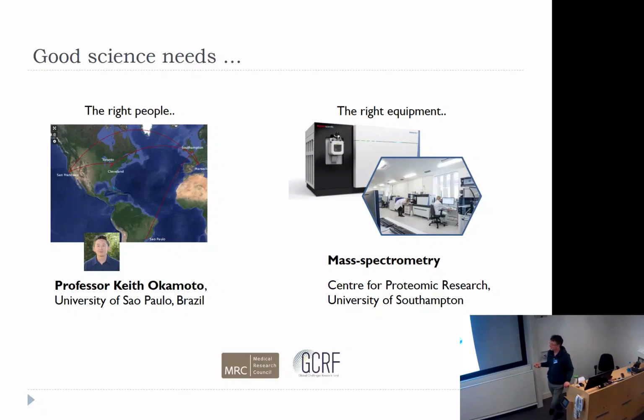And we have the best facility in the south of England, one of the best in the UK. So we're really, really well resourced with respect to instrumentation. So putting these two things together with a little bit of money, we can actually potentially do some good science. And hopefully we can involve you in that science as project students if you come to Southampton.